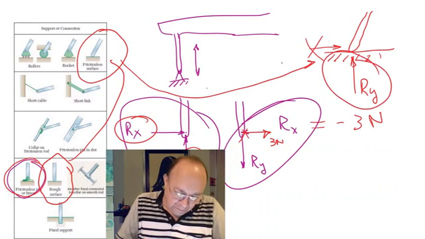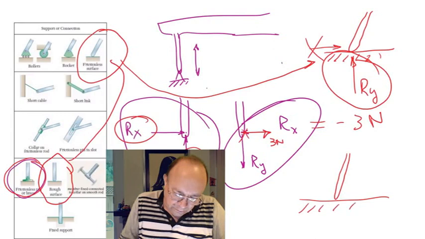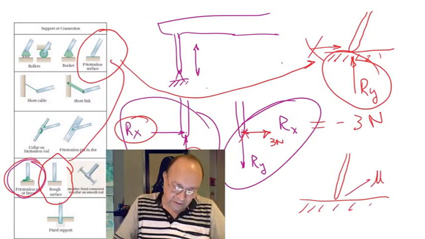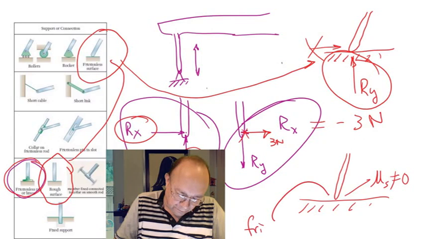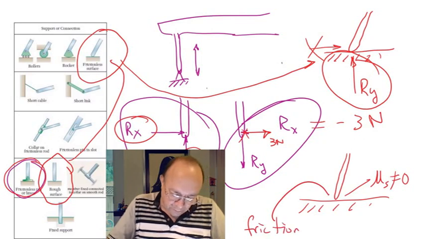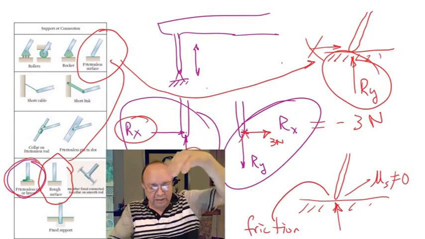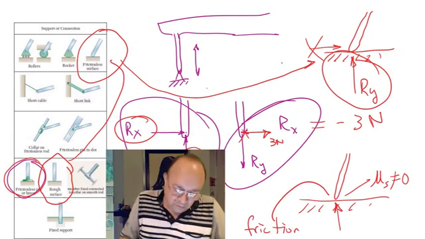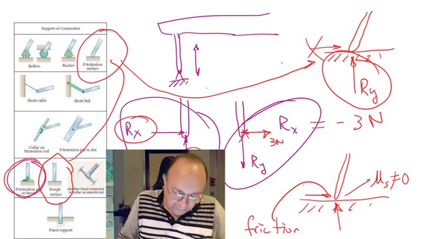Now if you have a rough surface, so there is friction, so a coefficient of friction different from zero, you will have a force here in the vertical direction that is going to oppose the vertical motion going down, and also you will have some opposition to the horizontal motion that will be the friction force.